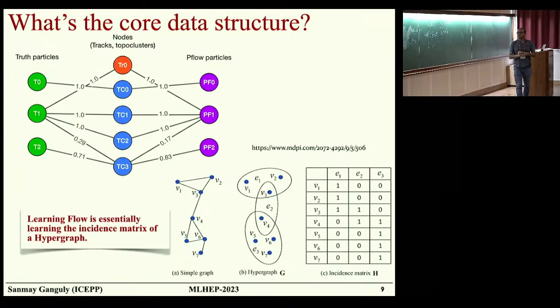What is a hypergraph? You don't only connect two nodes by one edge, but you introduce a higher order structure where you collect a few nodes and establish a relation between them all together.